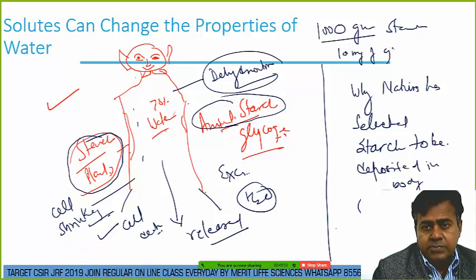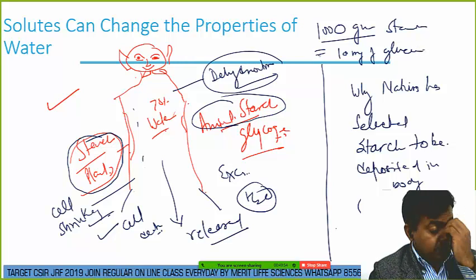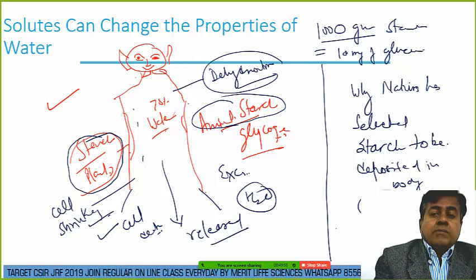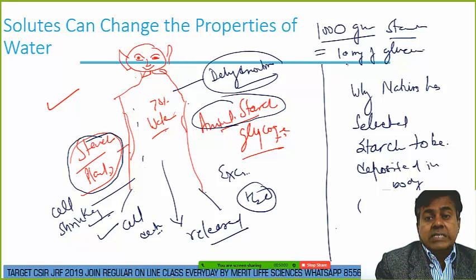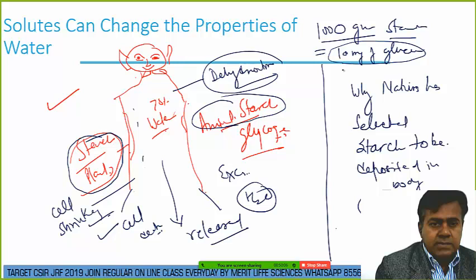Do you agree with that? 1000 gram of starch has the same effect as 10 mg of glucose. 10 mg are lower than that, right? Why am I saying this? That's a very good question.